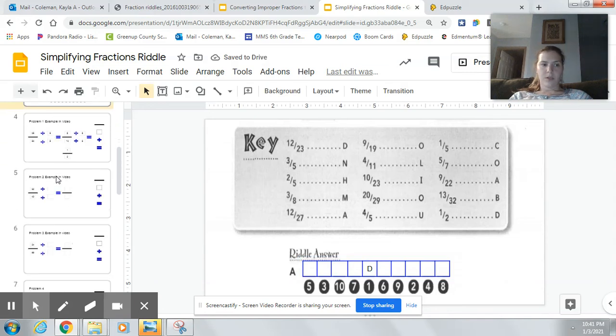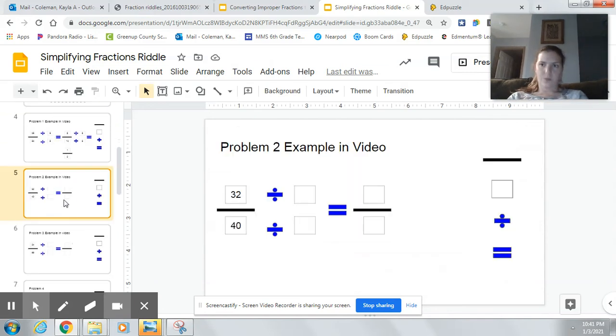Okay. I'm also going to do question 2 with you. We have 32 and 40. So two different numbers, the numerator and denominator, we want to find a common factor. It doesn't have to be the greatest common factor, but the larger the common factor you find, the faster you're going to get through the simplification.